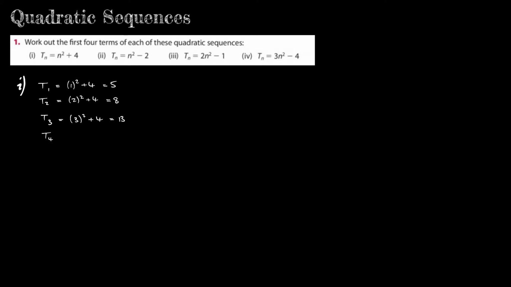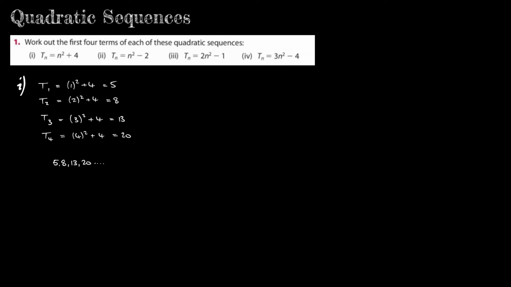And t of 4 is going to be 4 to be squared plus 4, which is 16 plus 4, which is 20. So the first 4 terms there are going to be 5, 8, 13, and 20, and that sequence will continue on.